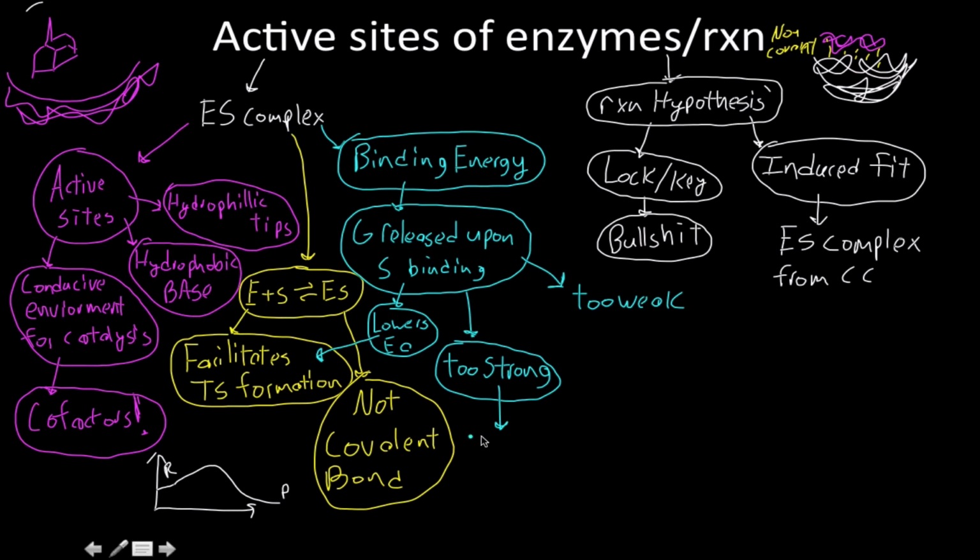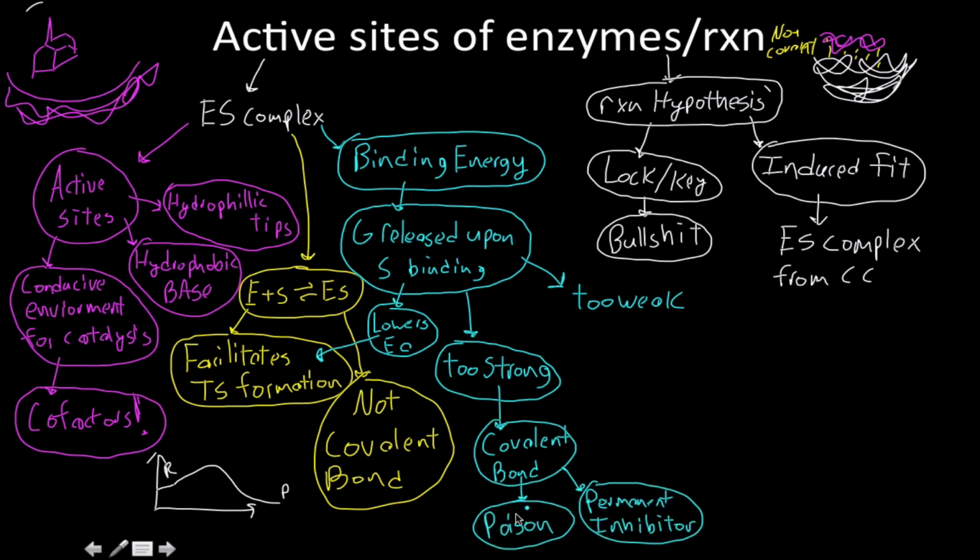So if it's too strong, say for example this were to form a covalent bond, then the transition state would be too stable, and if the transition state was too stable, what would we have? Well, we would have ourselves a permanent inhibitor, or a poison, if you could think about it. And that's exactly what we do. So say I wanted to make a compound that would kill you.